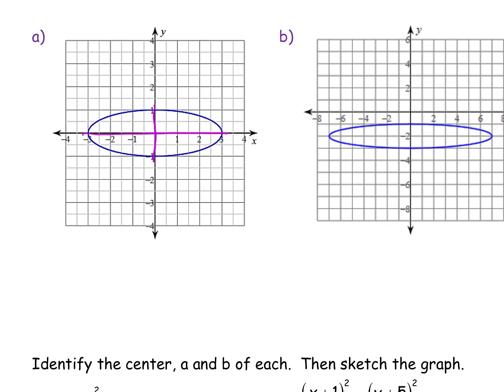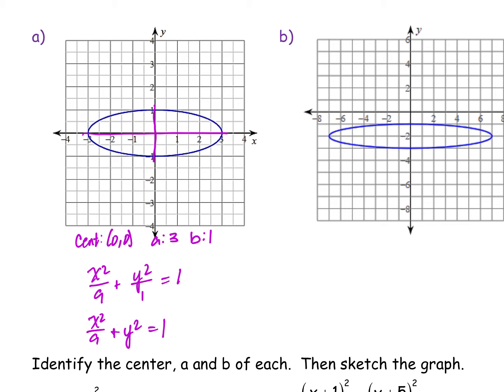The center's at (0, 0). A is 3 and B is 1. Okay, so I've got x squared over 9 plus y squared over 1 equals 1. And you'll see this written as x squared over 9 plus y squared equals 1. If it's divided by 1, I don't have to write the divided by 1, so they'll just write it as y squared.